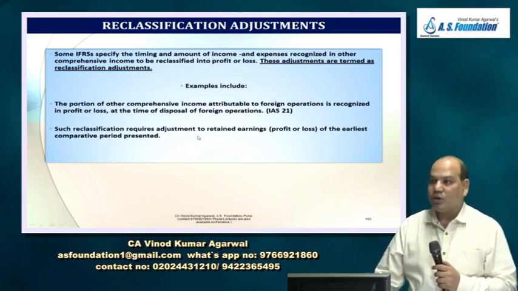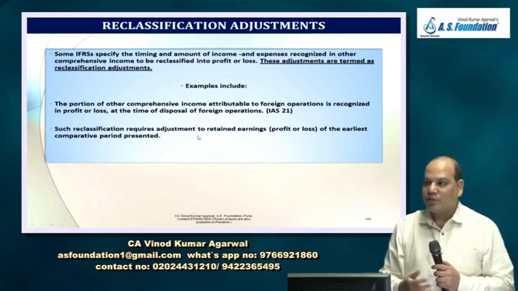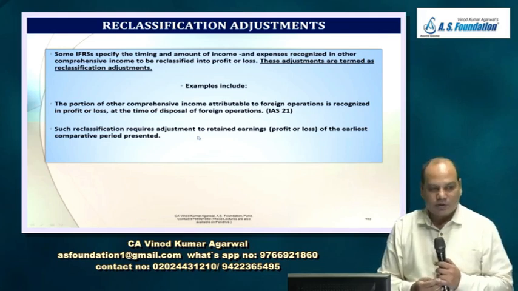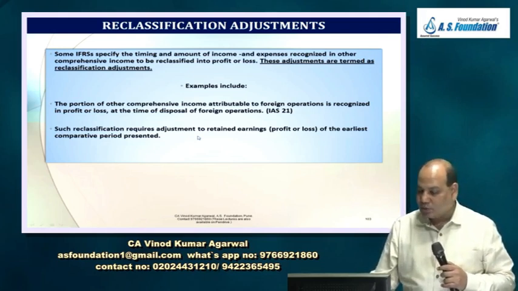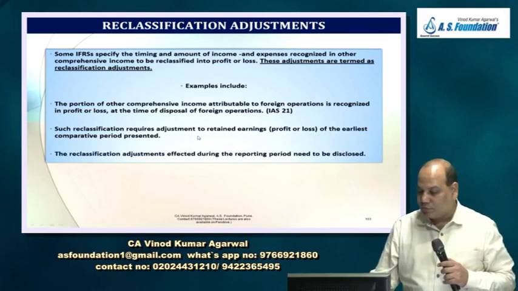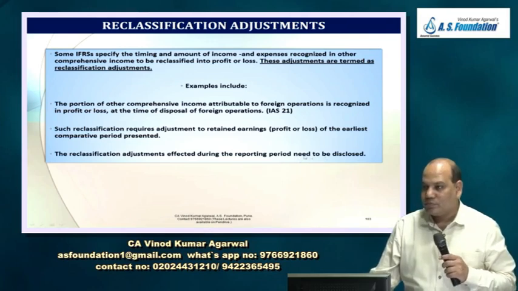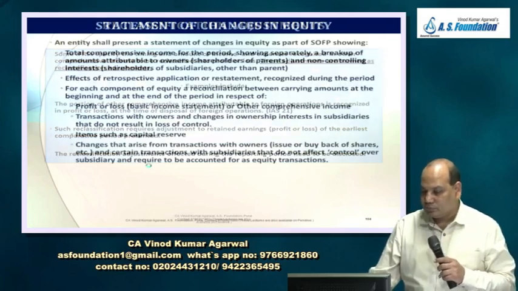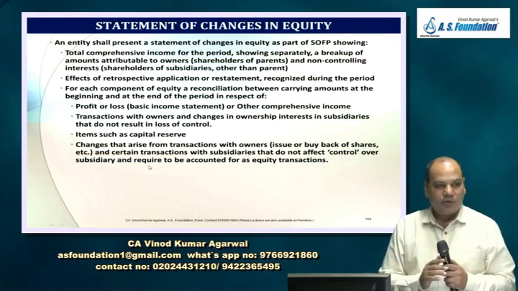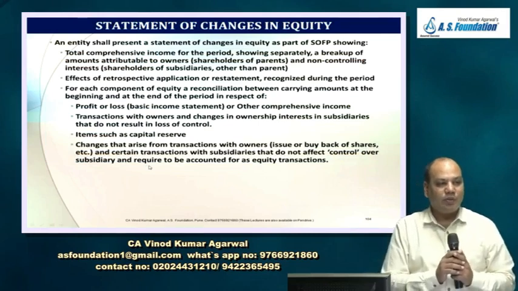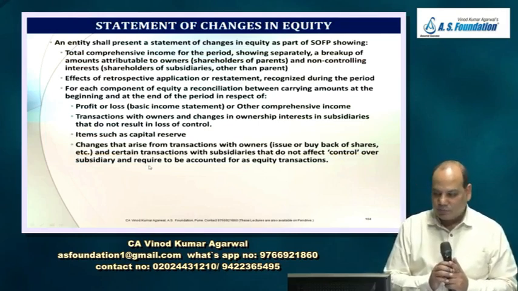Because these are those items which require you to prepare three sets of financial statements, reclassification adjustment. So earliest period profit and loss will be adjusted for this, so that the statements will become comparable. Reclassification adjustment effected during the period needs to be disclosed. Any reclassification adjustment done during the period will be disclosed separately.